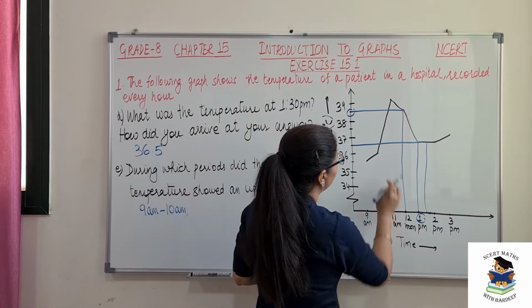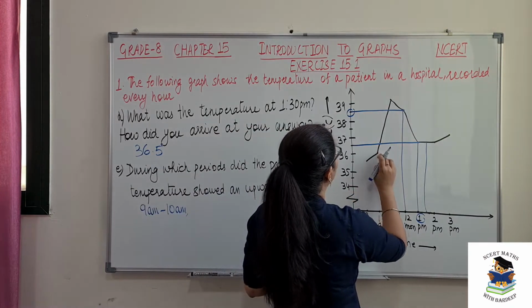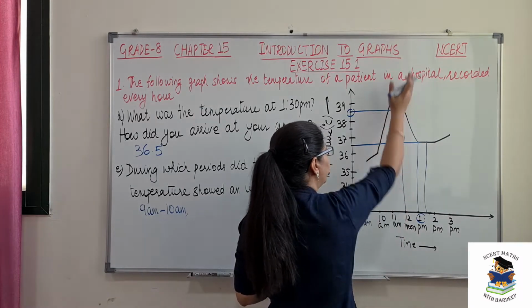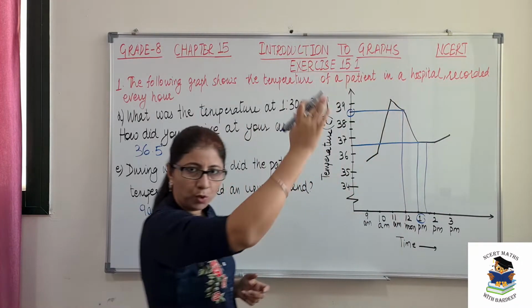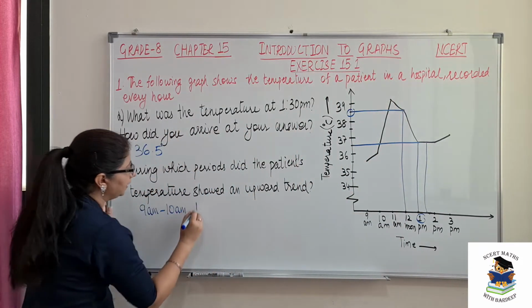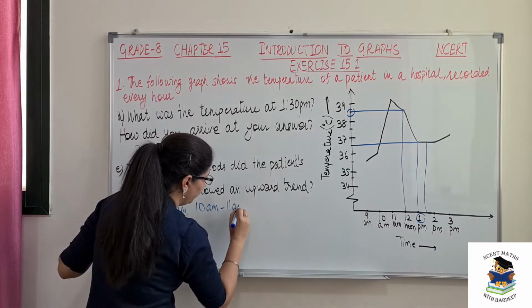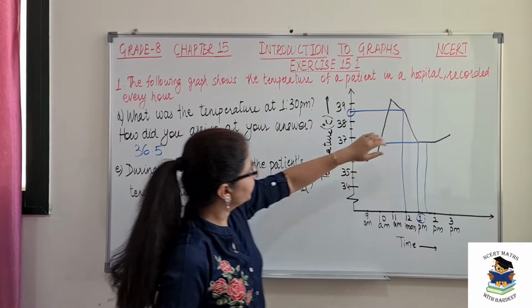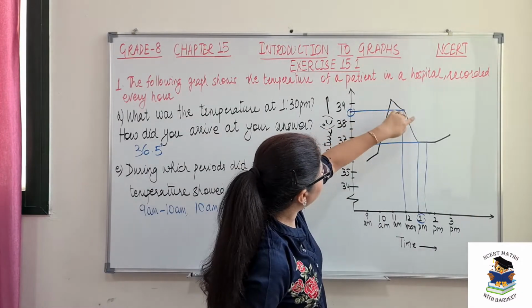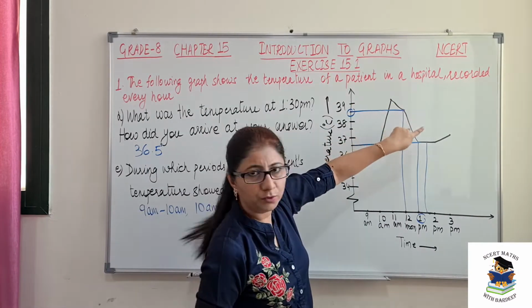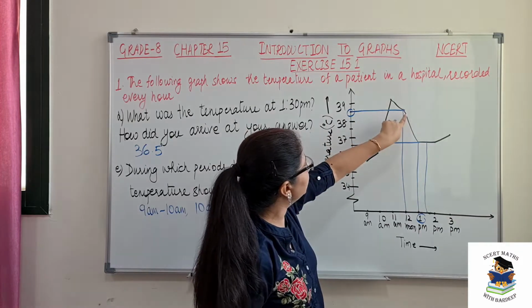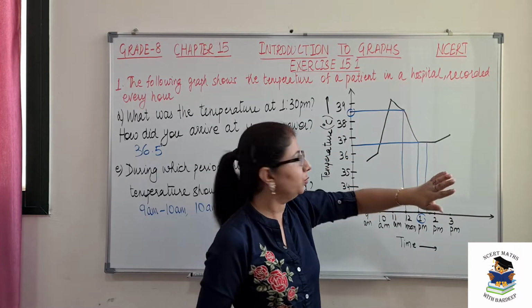Then see, from 10 to 11, so it is increasing from 36 to 39. So again this is going up. So again upward trend, that is 10 am to 11 am. Let's see any other value. From 11 to 12, see the graph is coming down. Okay, so from 39 to 38.5, so this is downward.